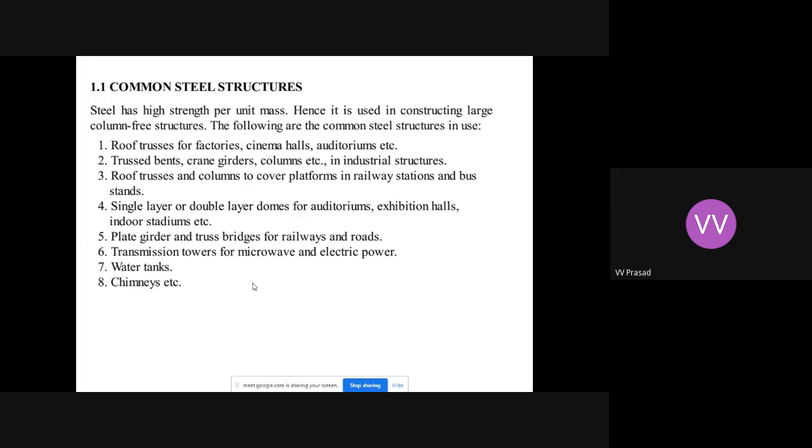For example, bus stations are also made with roof trusses and columns to cover the entire platform, in railway stations and bus stands also. The transmission towers for microwaves and electrical power, water tanks, chimneys for factories, whatever it may be, so many structures are made of steel.